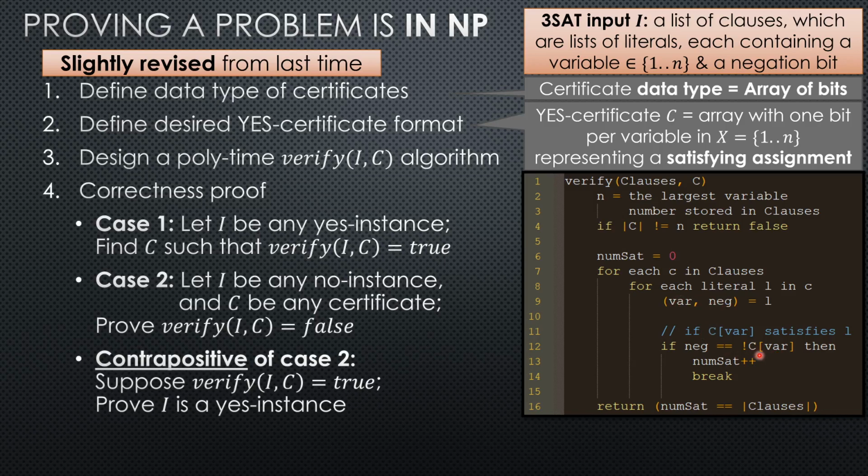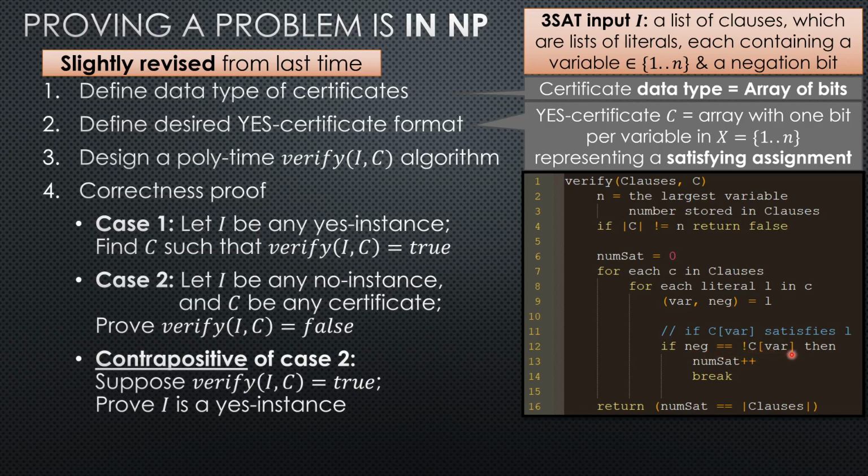So if C of var is true and negative is false, then we've satisfied the literal. And if C of var is false but negation is true, then we've satisfied the literal, right? That's just expressed here in this quick negation and equality check.